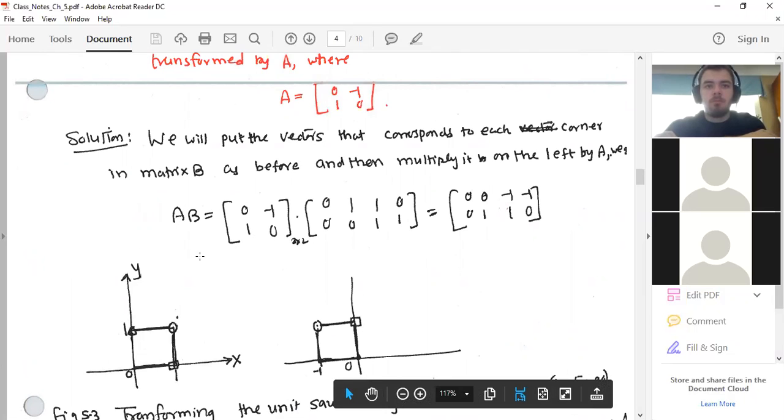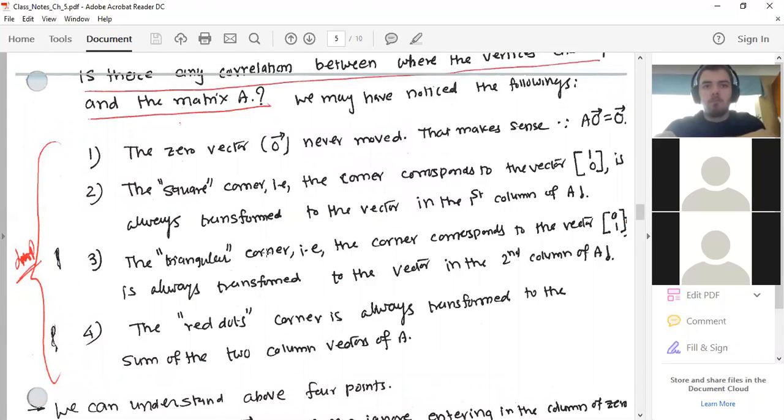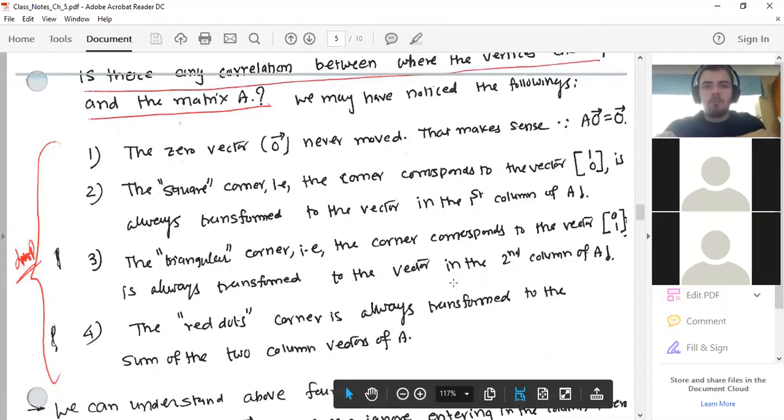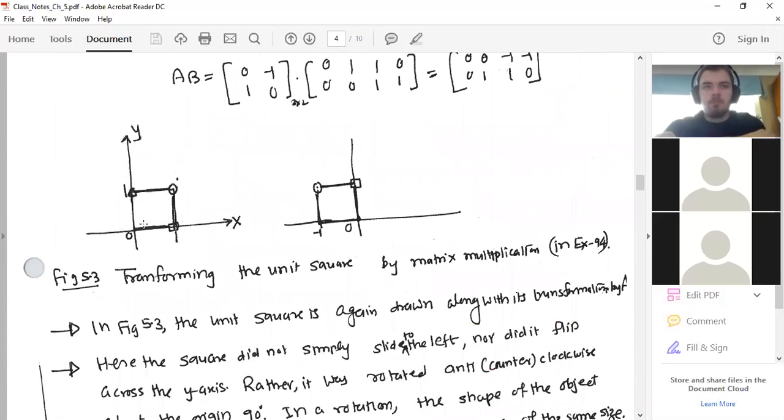Okay, that means my square, and then the circle. Suppose I go for the circle. The circle will transform to the second column. Yes, look here. The triangular corner, the corner that corresponds to the vector (0, 1), is always transformed to the vector in the second column. (0, 1) is over here, next to (0, 0) and (1, 0).